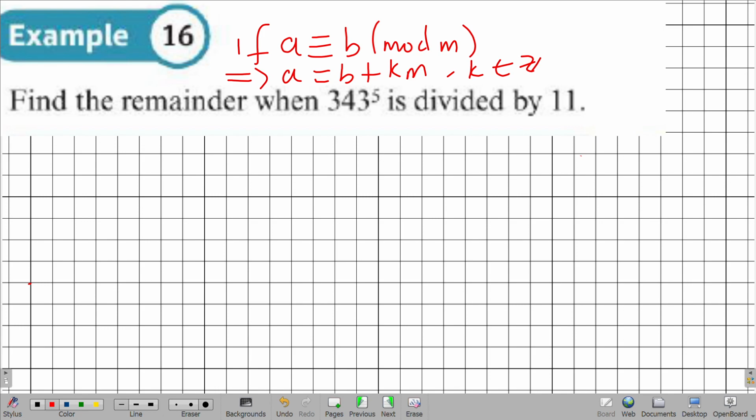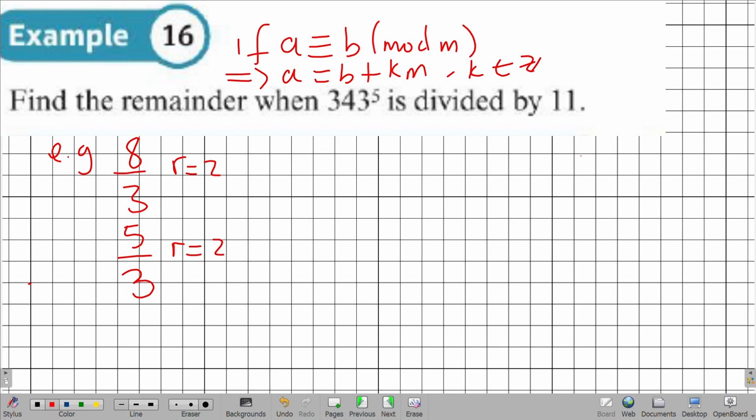However, when we say A is congruent to B, we are saying A and B yield the same remainder when you divide them by M. Another way of looking at it, I know this is a bit confusing: if you divide 8 by 3, your remainder is 2. And if you pick another number, say 5, and divide 5 by 3, the remainder is still 2.